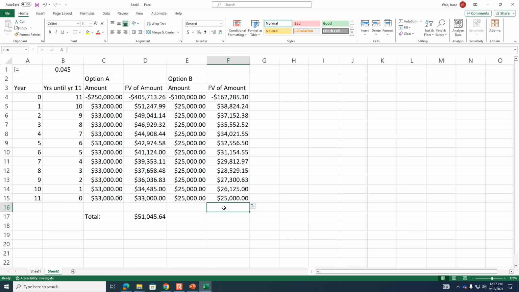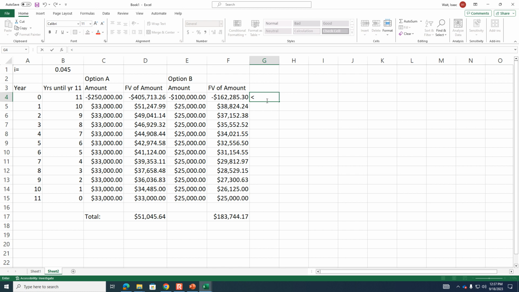All right, so we found the future value of all these amounts, and one way to check if the formula is operating correctly is that the last year amount should be the same. So if it is $25,000 in year 11, it should be $25,000 in year 11. It's not moving any years in this last row. So now we can add it up. Okay, so now here's our objective.